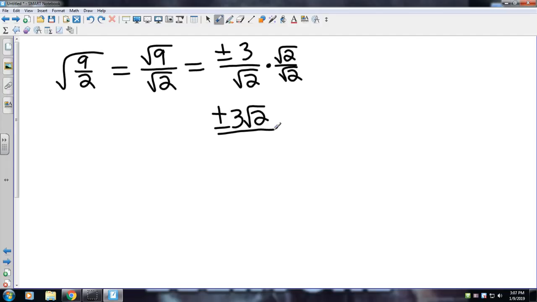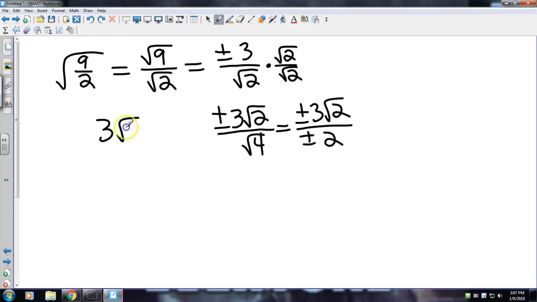And radical 4 is plus or minus 2. And since we have plus or minus on top and bottom, we will just simplify that to be 3 radical 2 all over 2. Remember, that 2 can't go into the radical 2 because they are two totally different parts of the expression.